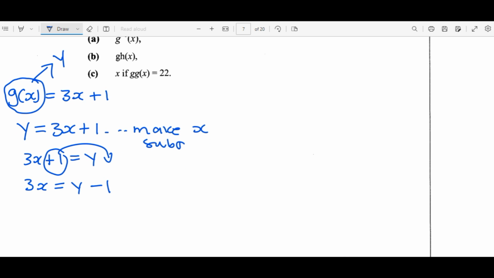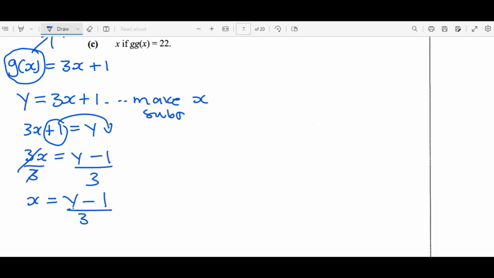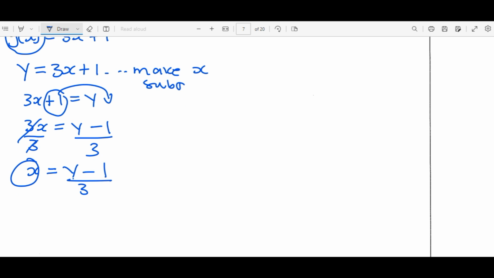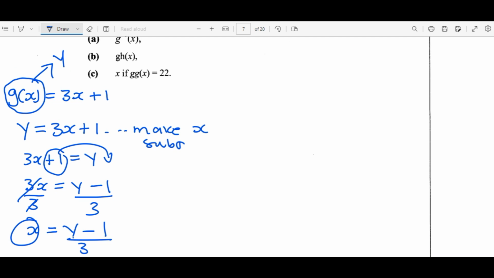To isolate x, we divide by 3. So x is equal to y minus 1 over 3. Then since we are done making x the subject of the formula, where there is x now, you replace with g inverse, and then y with x. So you remove y and replace it back with x, so that is our inverse.